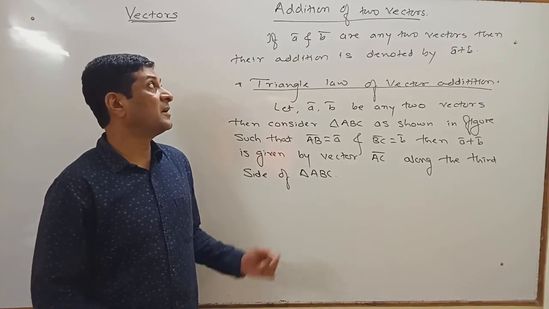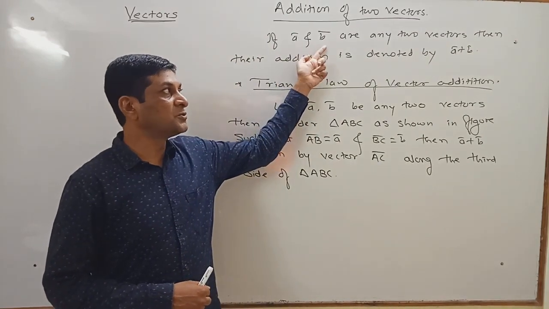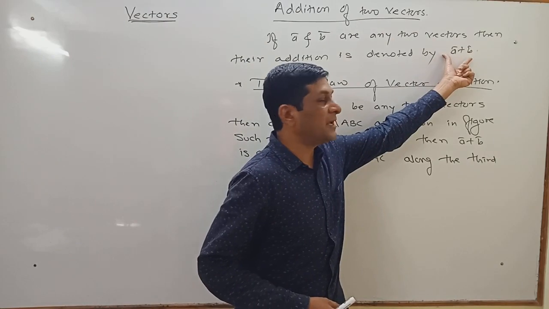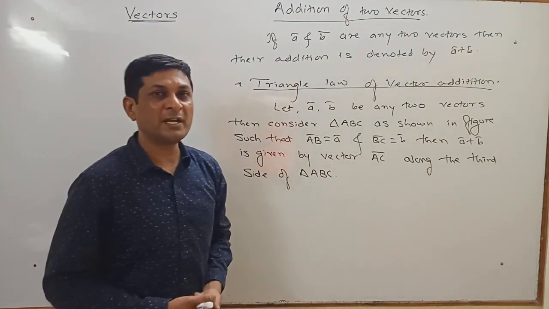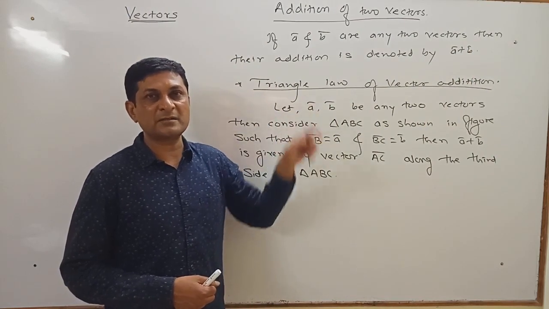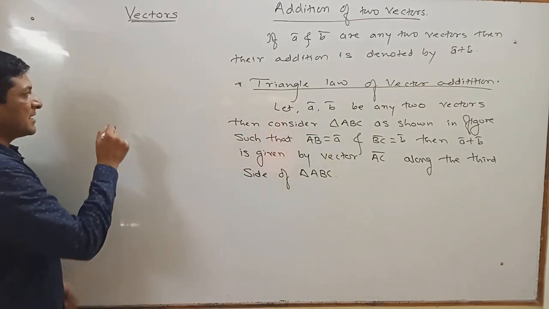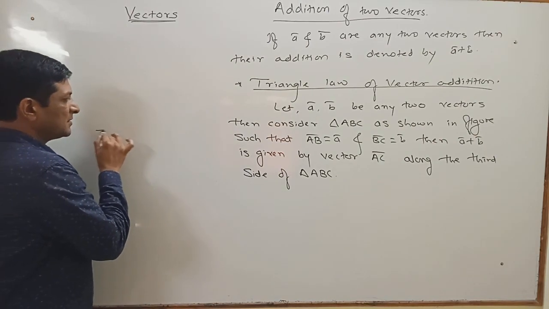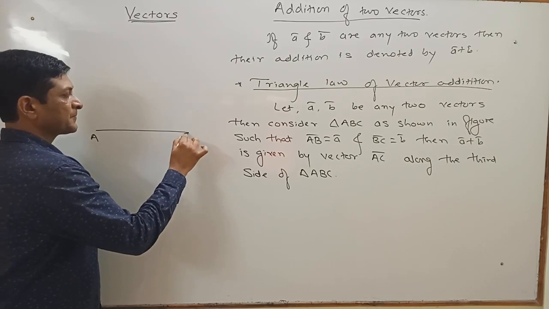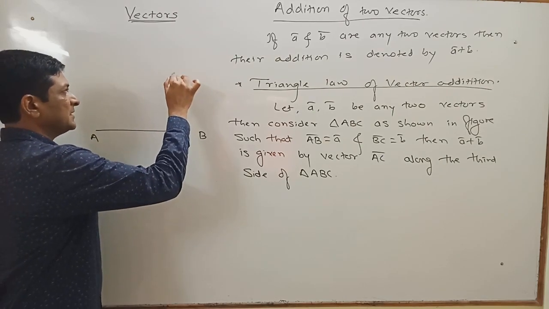Now let us see how to find the addition of two vectors. If a bar and b bar are any two vectors, then their addition is denoted by a bar plus b bar. So we are discussing the first method to find the addition of two vectors, which is called the triangle law of vector addition. In the triangle law of vector addition, first let us consider one triangle ABC.